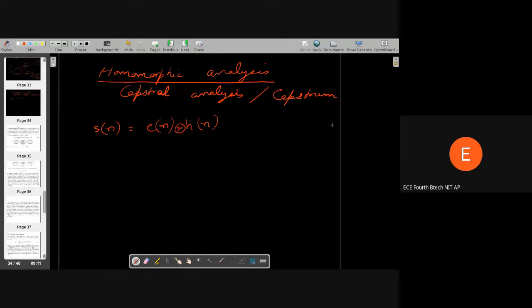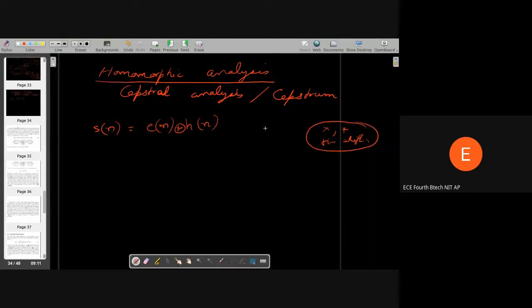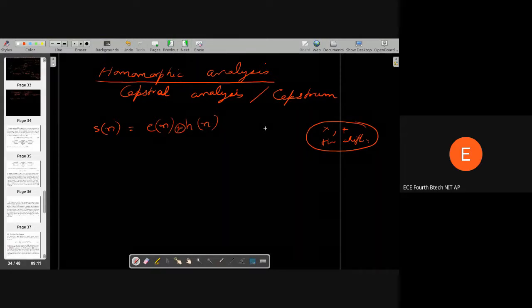It contains multiplication, summation, then time shifting. All these three result in the output called convolution, and that's why once you convolve two signals, getting the original signals back is not so easy.